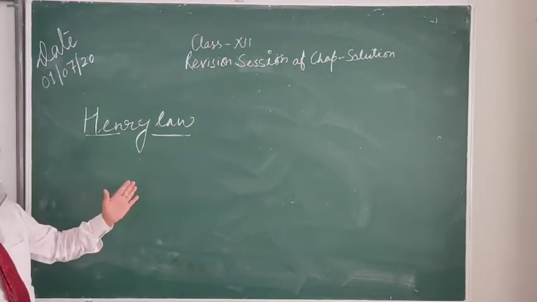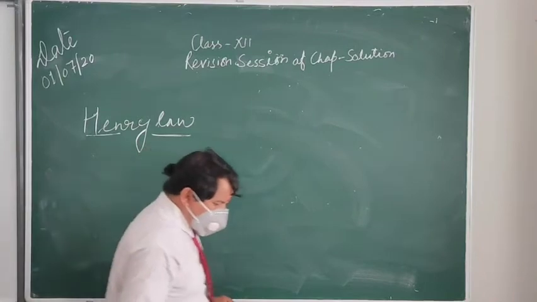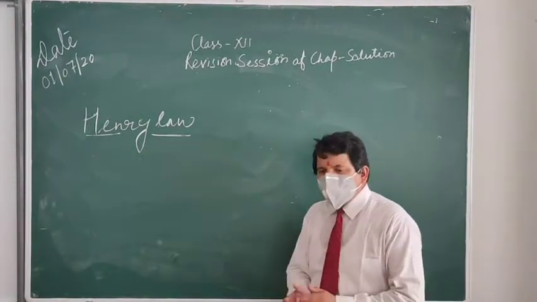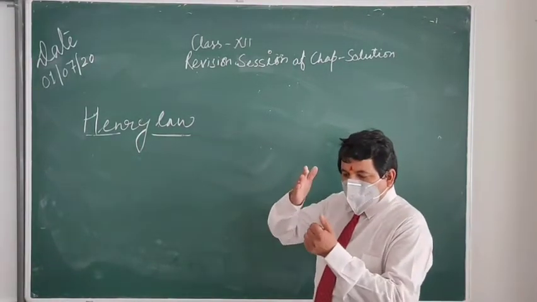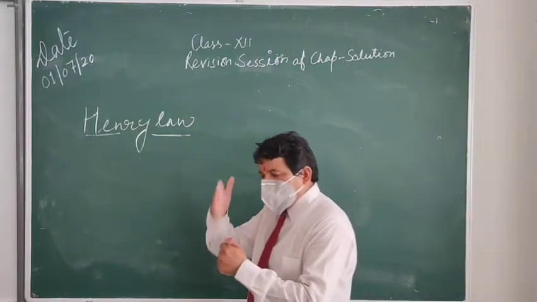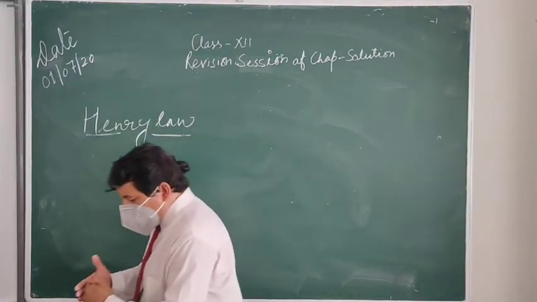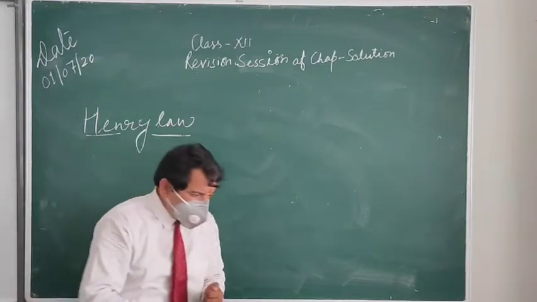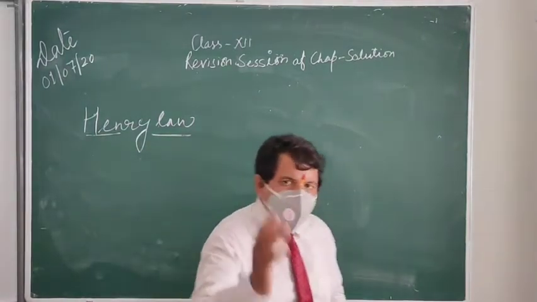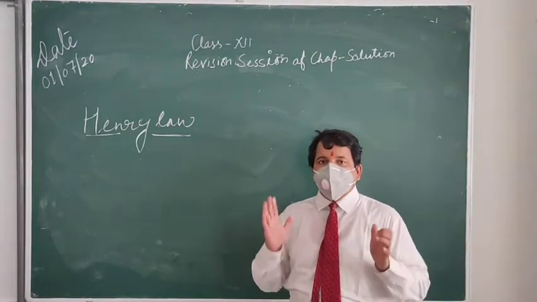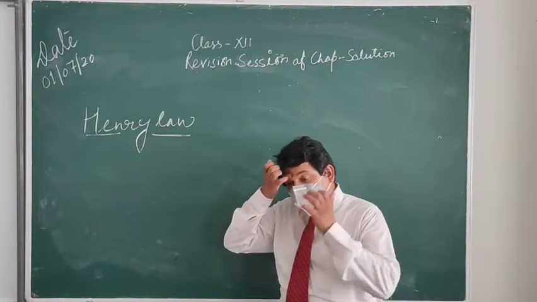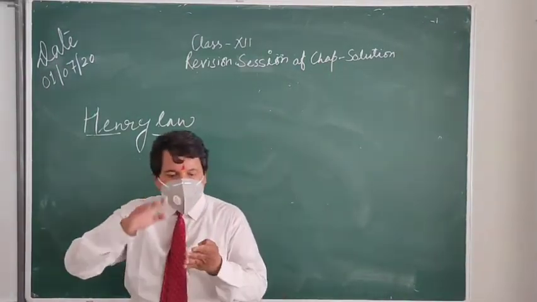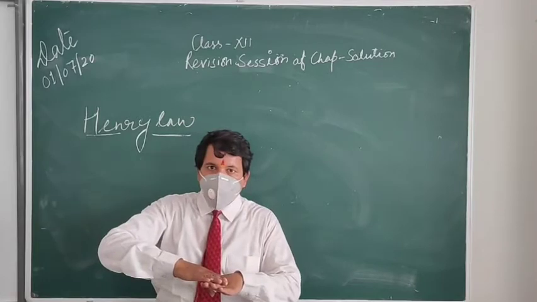Henry has given a law to explain it. He said that the mole fraction of any gas dissolved in any particular liquid is directly proportional to pressure. Which pressure? The partial pressure exerted by that particular gas in liquid.